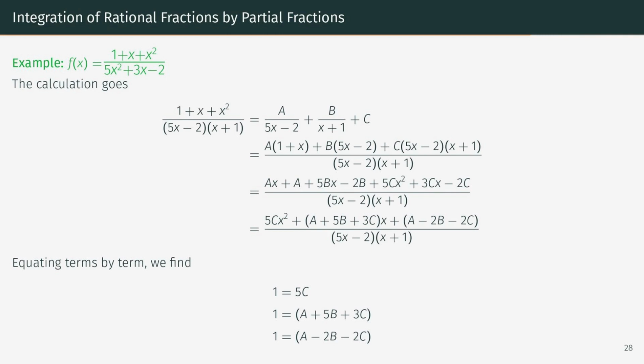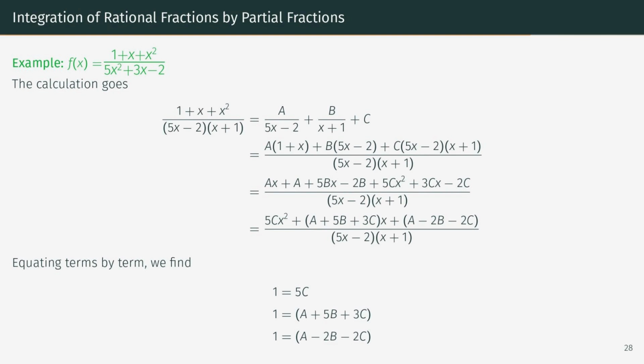We can then reorganize and factor out the x squared and x values, which gives us 5cx squared plus a plus 5b plus 3c all times x plus a minus 2b minus 2c all over 5x minus 2 times x plus 1.